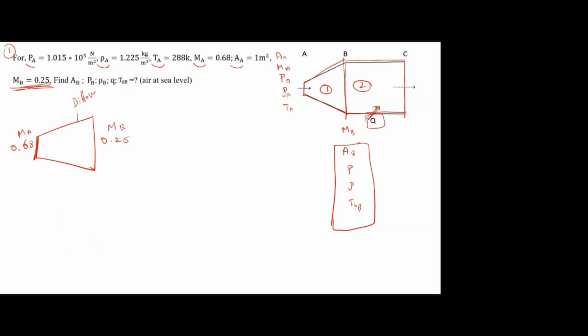They have mentioned heat transfer only in the second duct. There is no heat transfer in duct 1, so I can say the flow here is isentropic. Only in the second duct is the flow non-isentropic. Now can you tell how to find the area, pressure, temperature at the station?